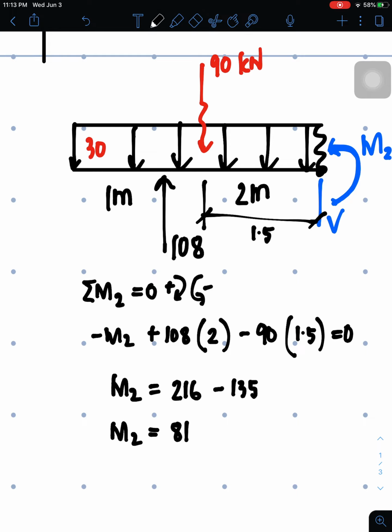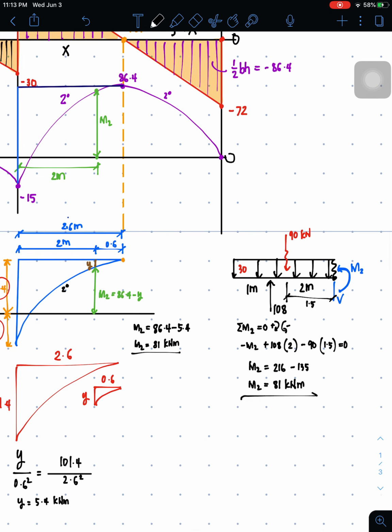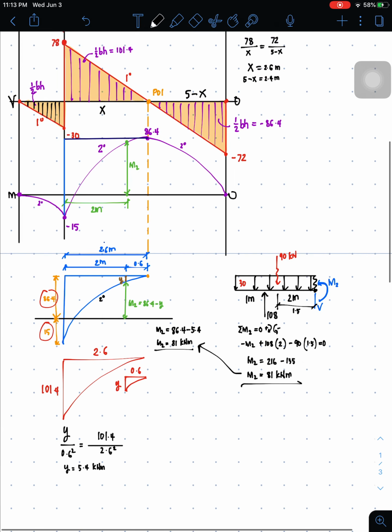So that's 81 kilonewton meter. So as you can see, we still got the same value from the two different ways. So which one do you think is easier and simpler? Anyway, it's all up to you. So basically our M2 is 81.